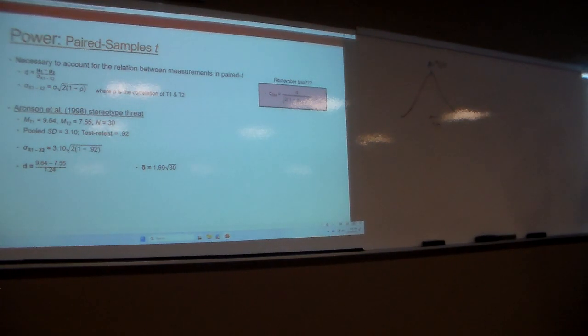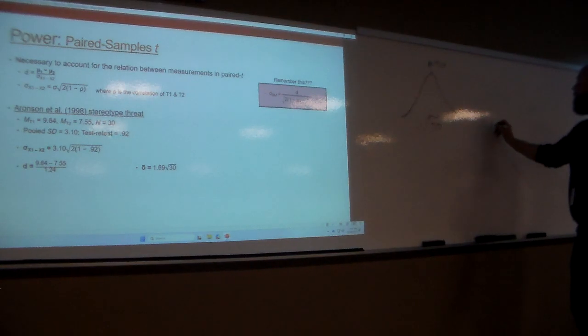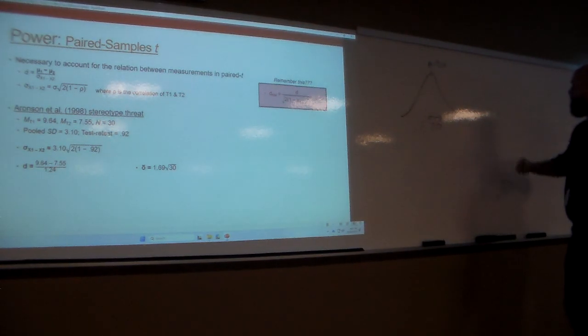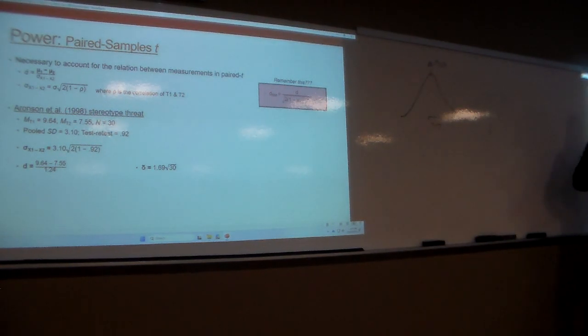Negative 0.67. Okay. And I'm just going to go with 0.67 because the sign is arbitrary on this, right? What I would say is that completing this task under stereotype threat is associated with about two thirds of a standard deviation decrease in test performance, right?